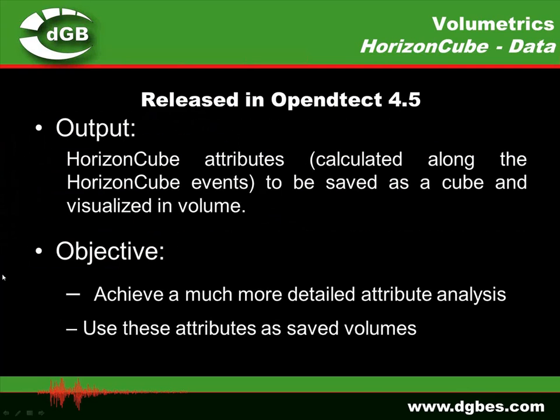And finally, the HorizonCube data allows you to display in the volume, on inline and crossline for example, the HorizonCube attribute that you created along the HorizonCube events. So now you can save them as a cube and visualize them in the volume. The attributes are defined along the events and interpolated in between.